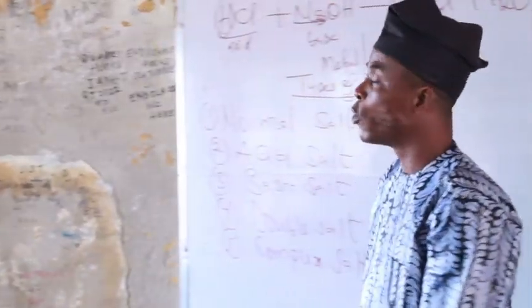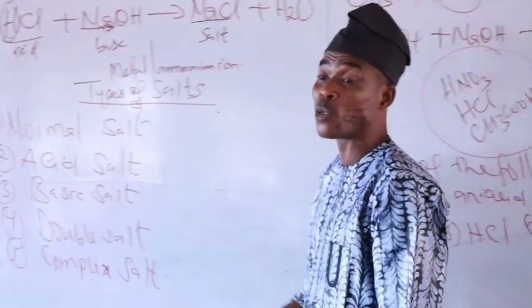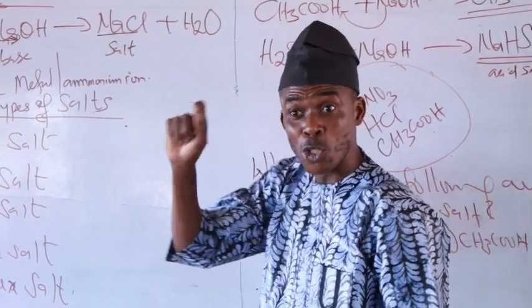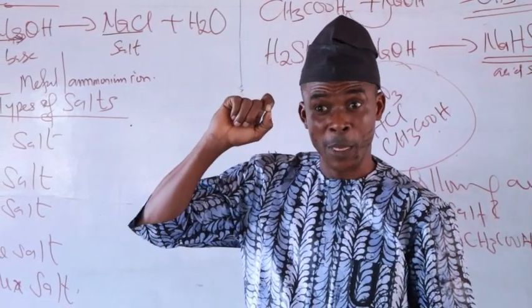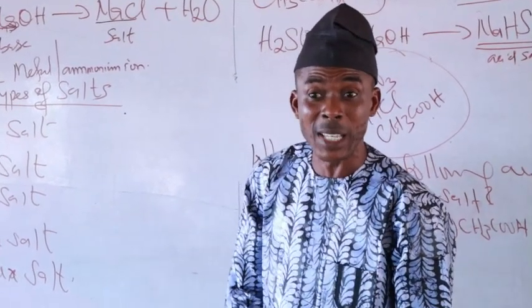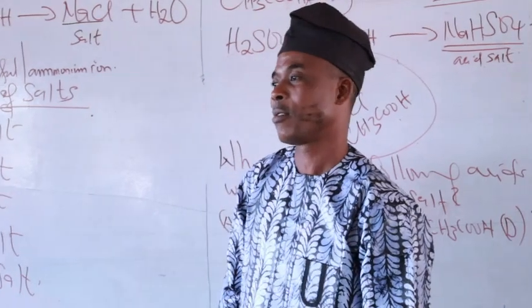That means instead of using 20 cubic centimeters of acid to neutralize 25 cubic centimeters of base, if you use 15 cubic centimeters, the salt that you are going to form is going to be a basic salt.